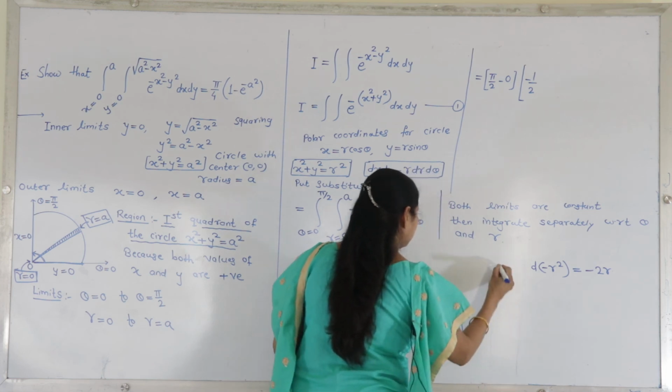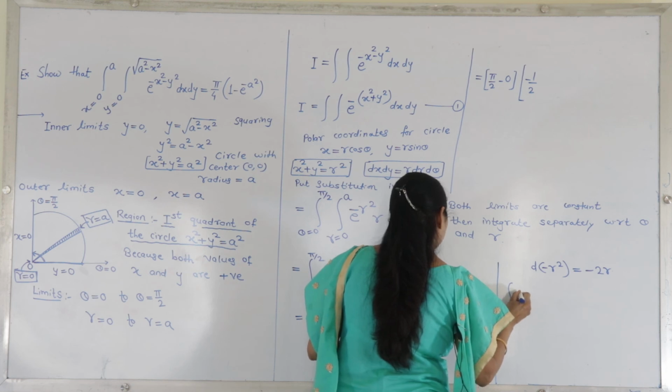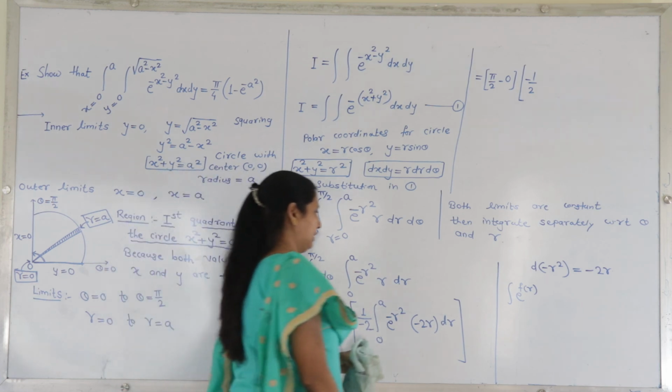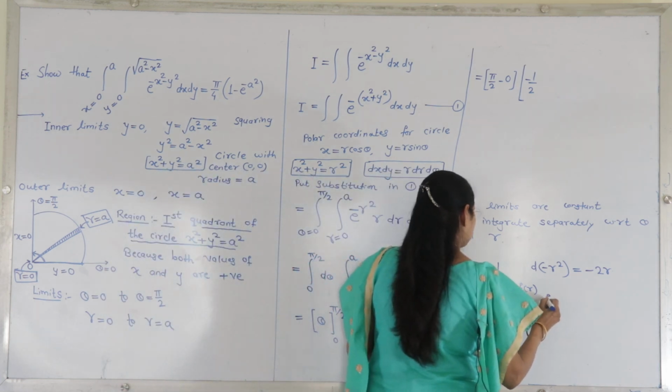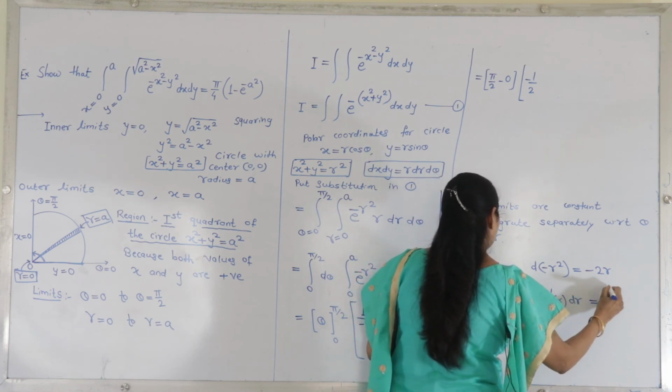For this type of integration, use the integration of e raised to f of r times f dash r dr is equal to only e raised to f of r.